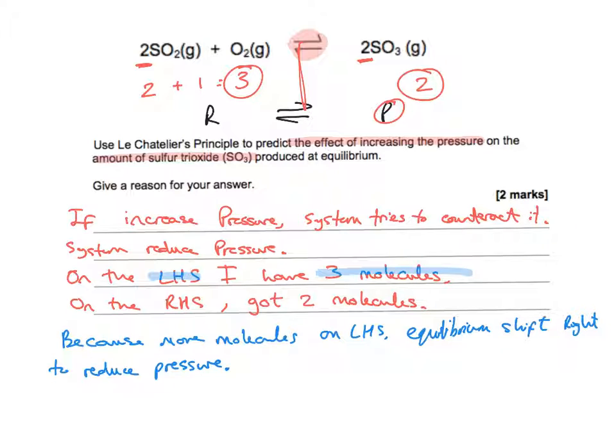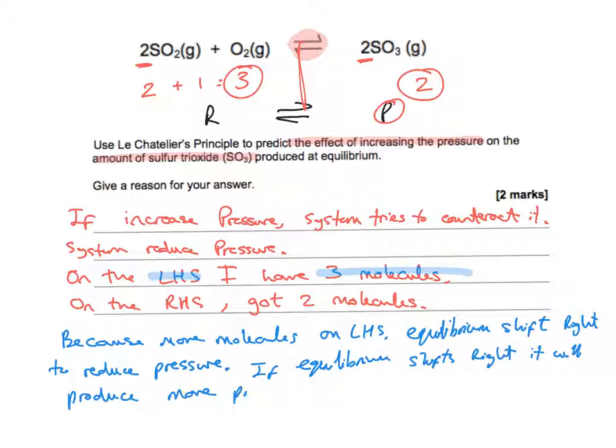If the equilibrium shifts right, it will produce more product, and the product is sulfur trioxide.